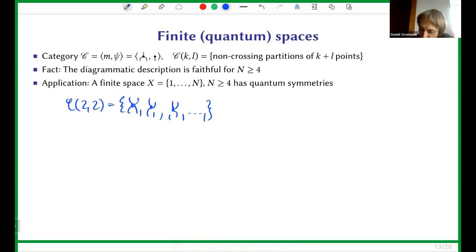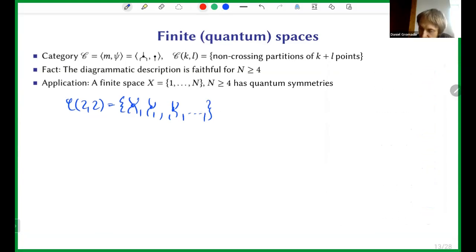And if you take this set and add the flip map to the set, then you can again compute the Gram matrix, and the determinant is again non-zero. So this means that if you add the flip map, then this set remains linearly independent, and therefore the flip map was not a linear combination of those non-crossing things before, and therefore the finite space has quantum symmetries.